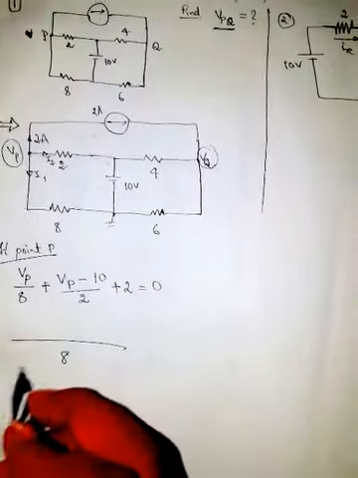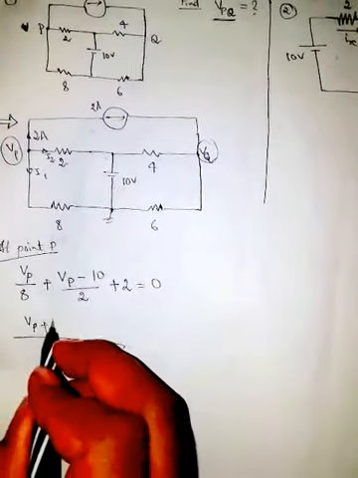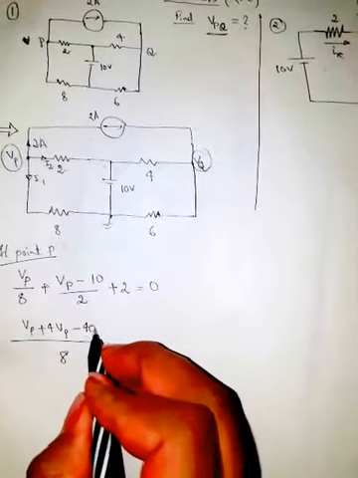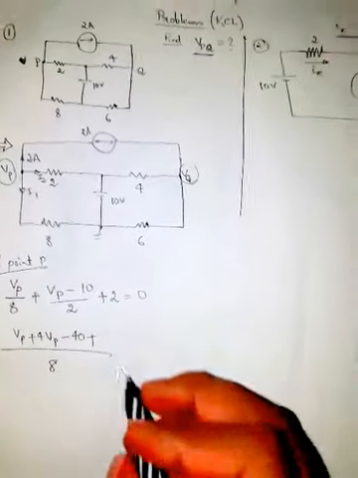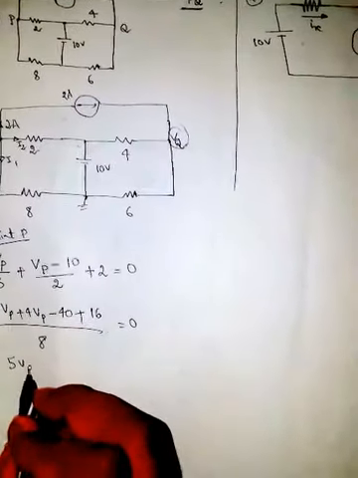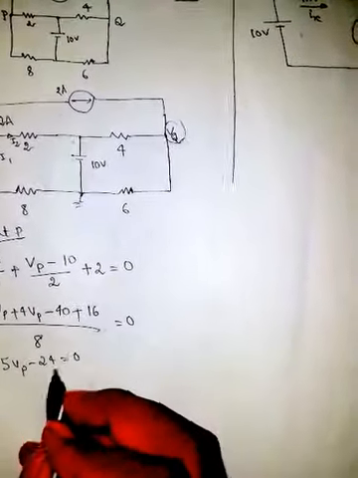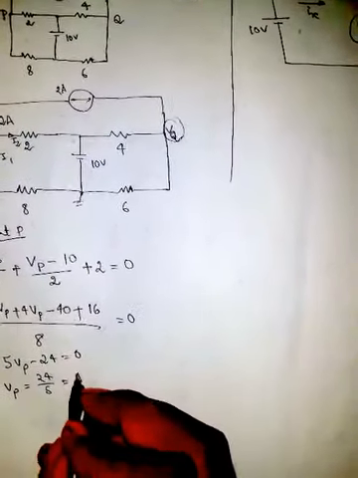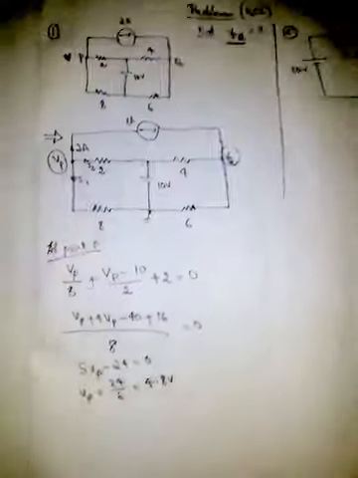So VP plus 4VP minus 40 plus 8 minus 16 is equal to 0. So 5VP minus 24 is equal to 0, so VP is equal to 24 by 5, that is 4.8 volt.